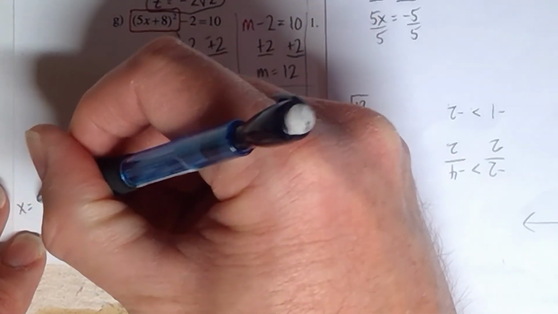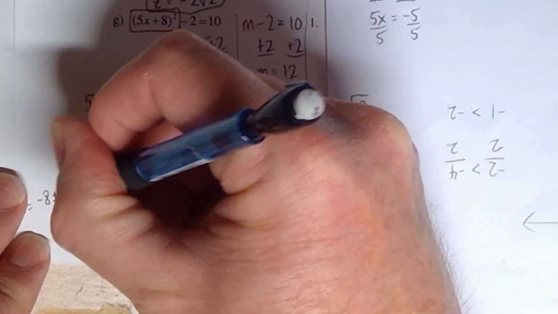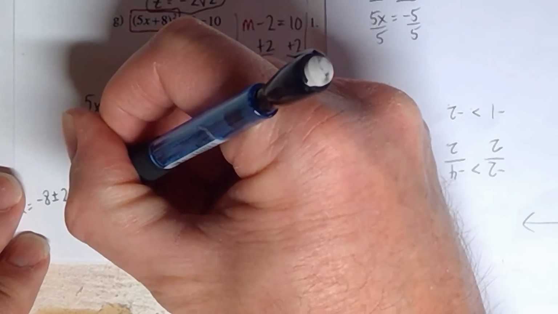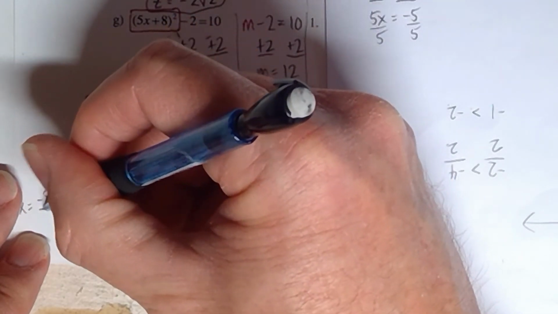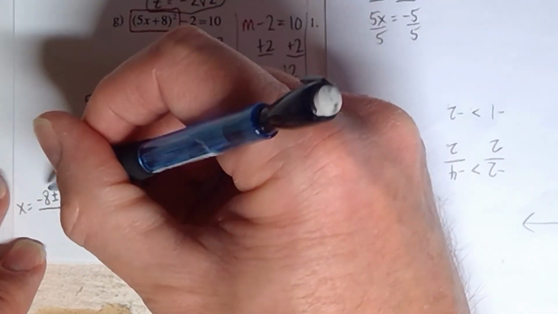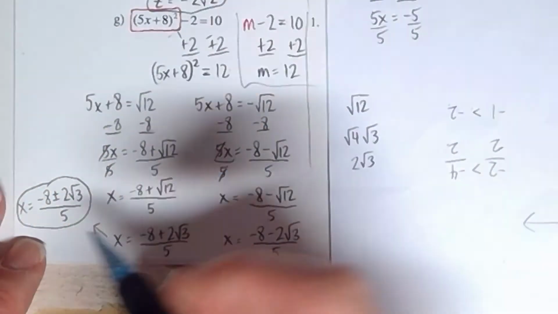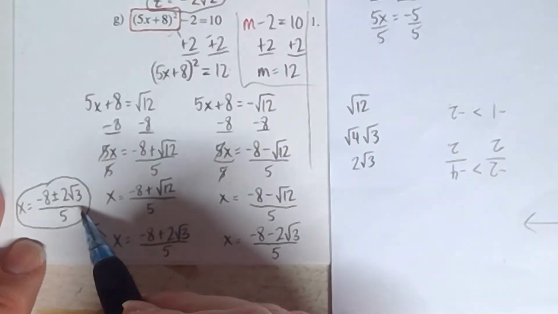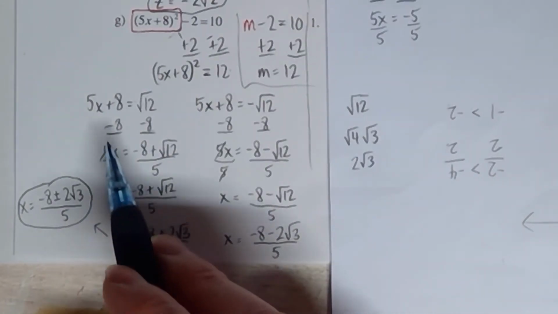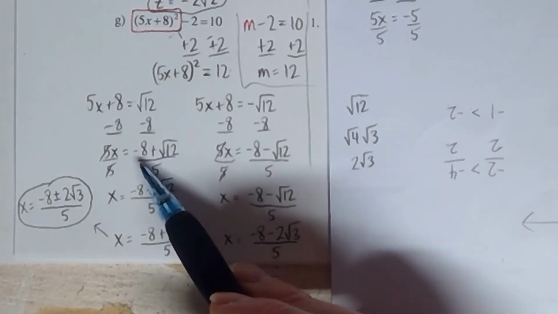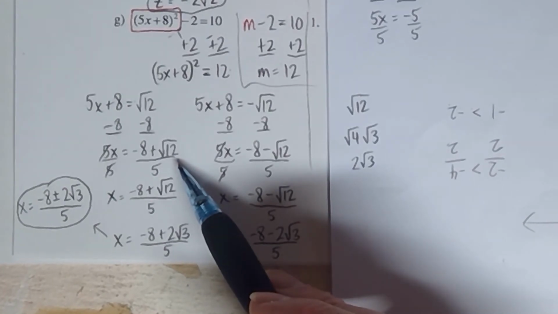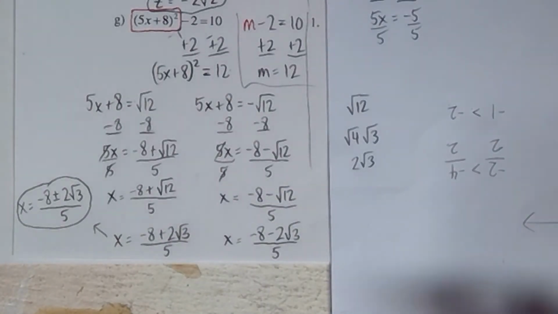We can say negative 8 plus or minus 2 rad 3 all over 5. Make sure that fraction bar extends all the way across, because when you're dividing out the 5, you're dividing the entire thing by 5. So make sure that bar goes all the way across.